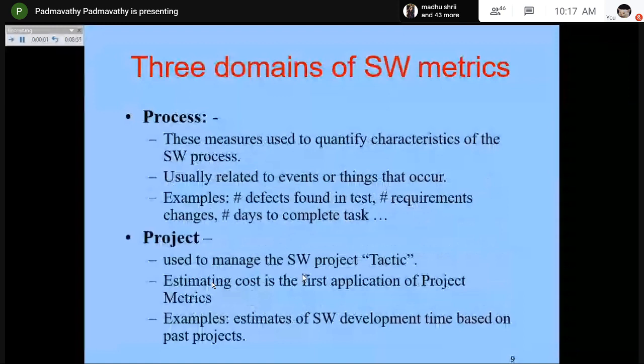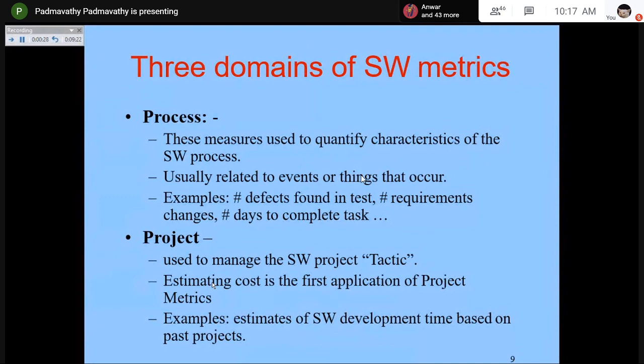The other domains of software metrics are process and project, as I already told you. The process measures are used to quantify the characteristics of the software process. We have learned the different software processes, and they want to quantify the characteristics.